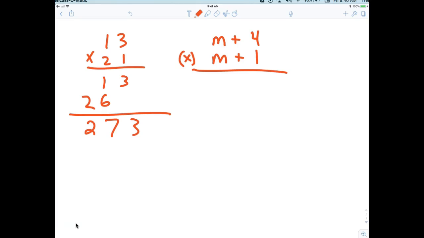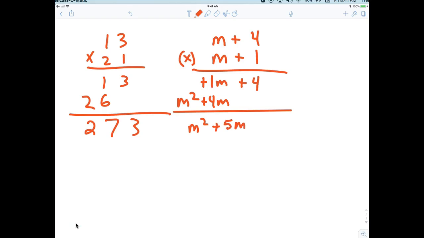To do this, what is a positive 1 times a positive 4? A positive 4. What's a positive 1 times m? Positive 1m. Now I'd go m times 4, which is a positive 4m. And what's m times m? m squared. Now, after you multiply, you add them. So when you add them, it becomes m squared plus 5m plus 4.